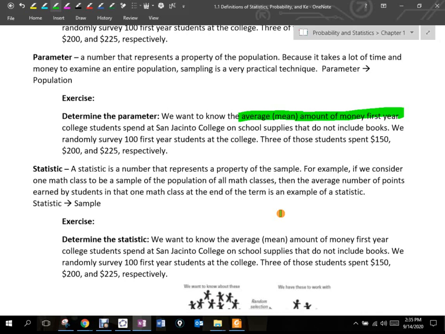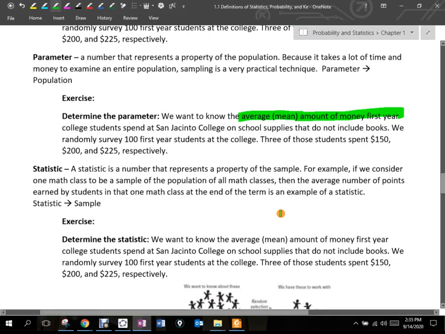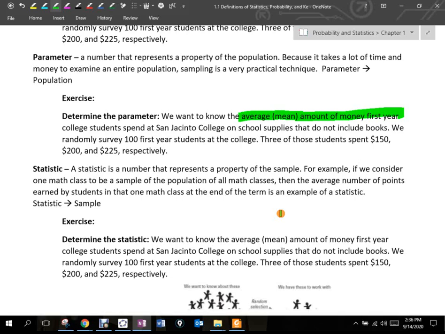Now, we talked about how that's not feasible to know, because it's impossible to collect all the data from every single one of those people. So what do we do? We look at the sample. If I take 100 people, is it easier to find the mean of 100 people? Does that make sense? Okay.